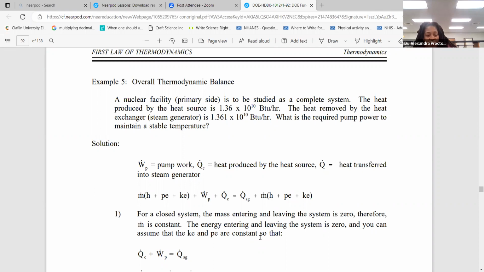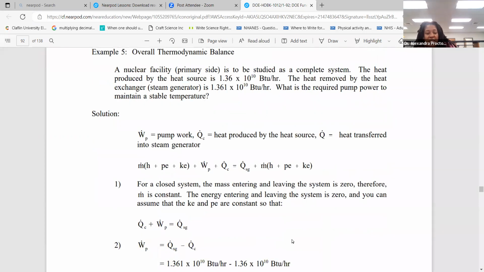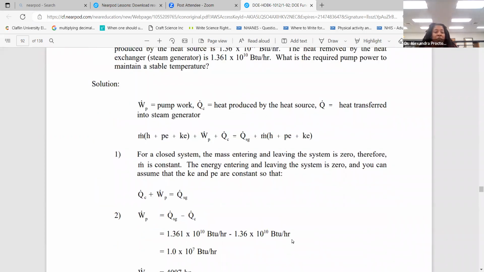And for a closed system, the mass entering and leaving the system is zero. Therefore, this m is constant. So the energy entering and leaving the system is zero, and you can assume that kinetic and potential energy are constant. So you can zero out some of these terms. So Q sub C plus W sub P is equal to Q sub SG.